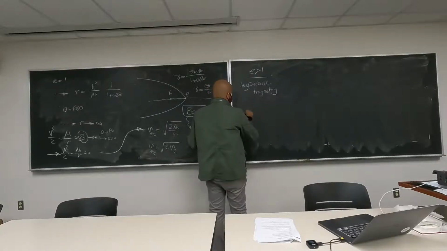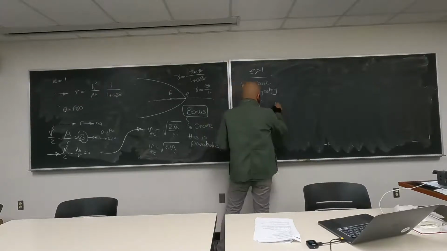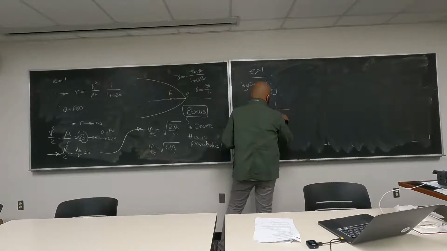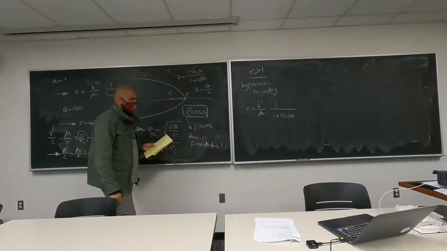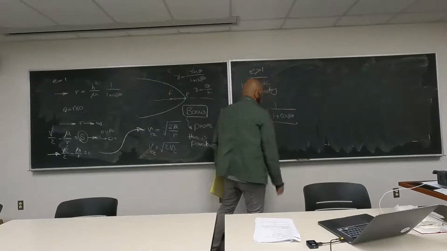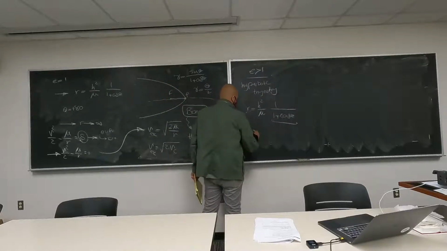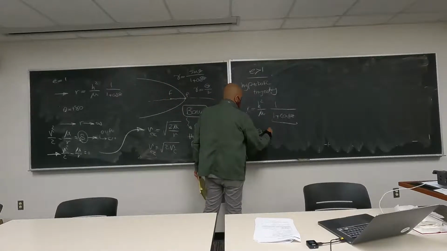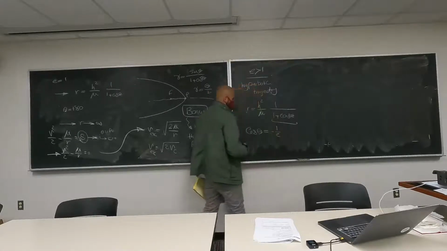So r is equal to h squared divided by mu. This is your orbit equation. And this will be 0 when cosine of theta is equal to -1 over e, right?